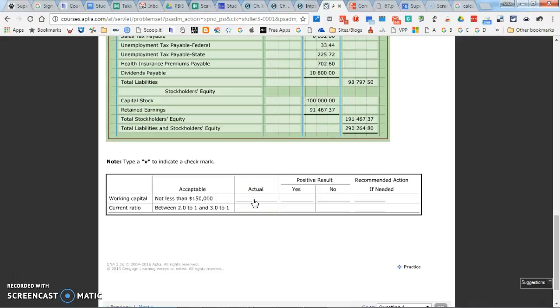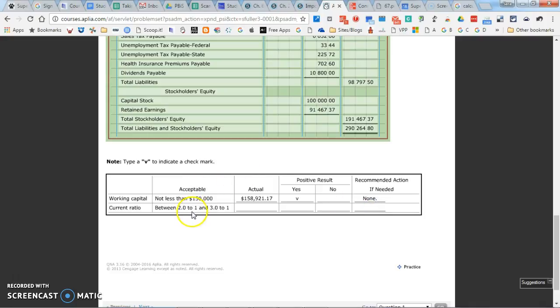In this case, we just have the total liabilities. So we'll subtract those two, get $158,921.17. So it's not less than $150,000 to be acceptable, so positive yes, and therefore none is needed for a recommended action.